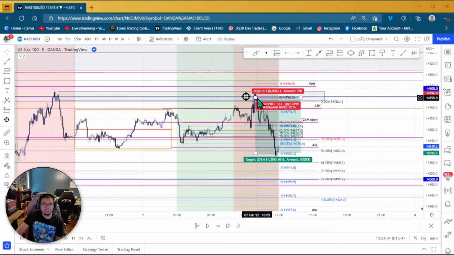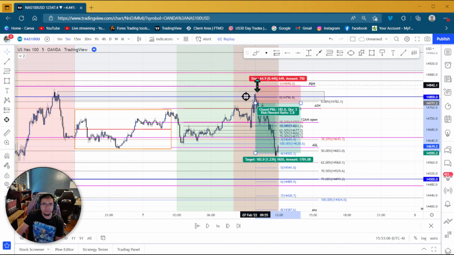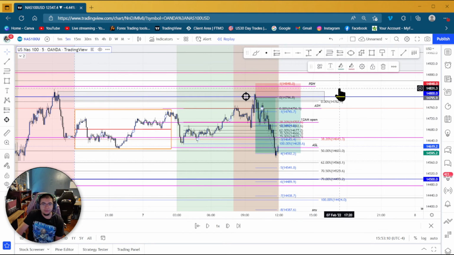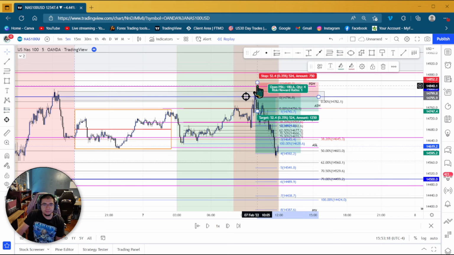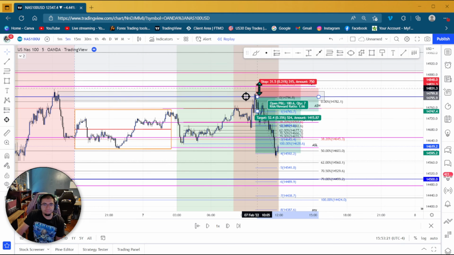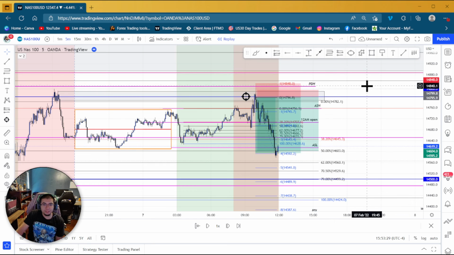Let me just kind of move this back. So like I said, guys, we would have got in here, 25 pips right here, and this could have been an easy 1 to 8 risk to reward day, 8% here, guys.